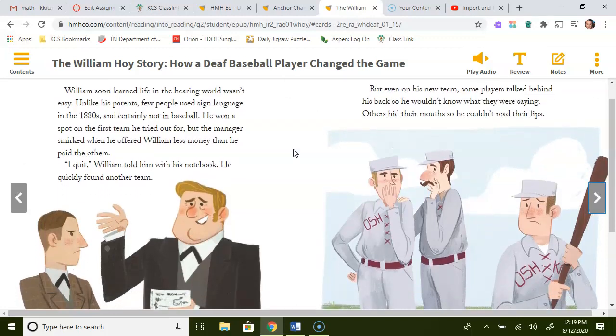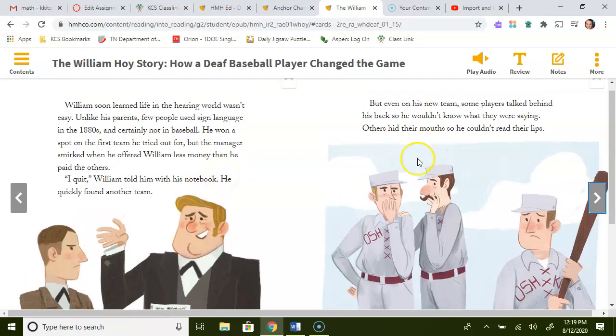So it says that William learns that life in the hearing world's not easy. What is some supporting evidence from the text that would tell us that he was learning that? Absolutely. The manager actually offered William less money than the other players because he was deaf. And the new players on the team would cover their mouths with their hands, and they would talk behind him so he couldn't hear them.